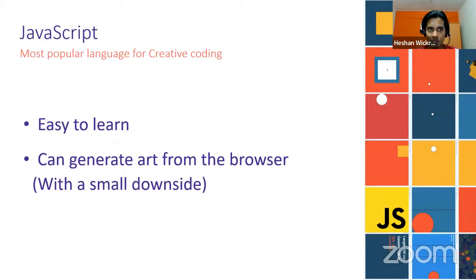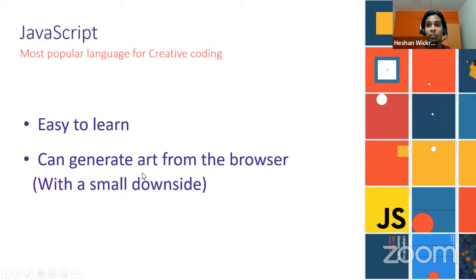So JavaScript is one of the most popular languages for creative coding as of now. It's that because of a couple of reasons. First of all, it's really easy to learn. It doesn't matter whether you are coming from a programming background or you're a traditional artist getting into creative coding, JavaScript is really easy to learn as a beginner. So that's one of the key reasons why JavaScript is very popular for this.